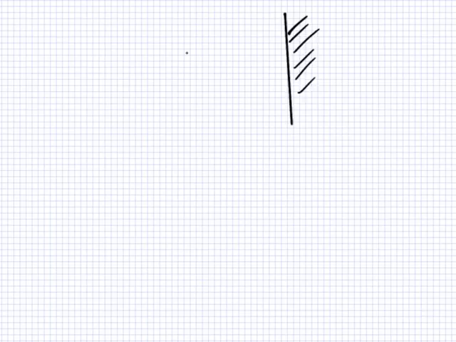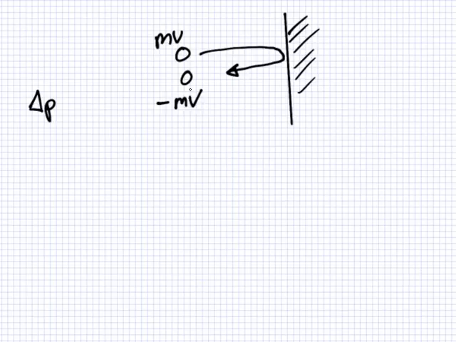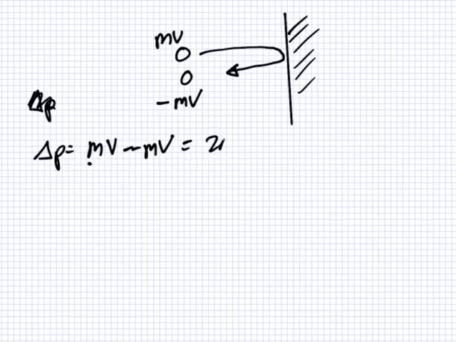Now, how did the molecules create pressure on the wall? When the molecule hits the wall and comes back, you have the formula for change in momentum. Let's say this is mv, and then when it comes back it's minus mv. So change in momentum is mv minus (minus mv), which is 2mv.